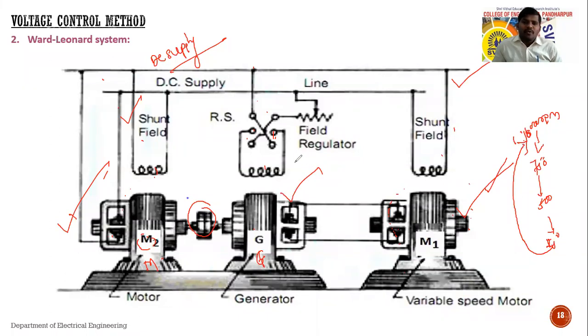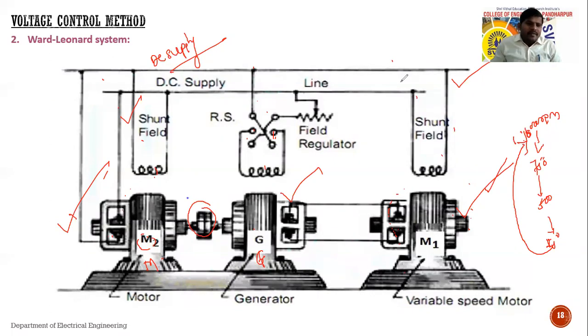Generator चे जे काय output आहे, it is applied as a input to that of motor whose speed we want to control. ज्या मशीनचं मला स्पीड कंट्रोल करायचं आहे. So for controlling the speed of that machine or the speed of that motor, I am using as a input nothing but output of generator. Generator चे जे काय output आहे, ते मोटरचे input apply केलं.